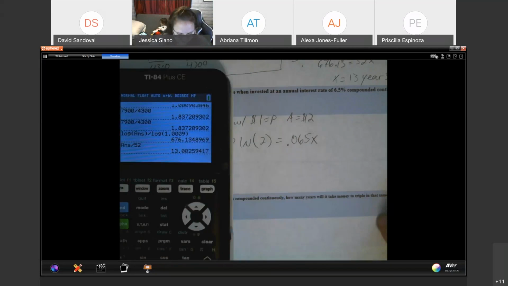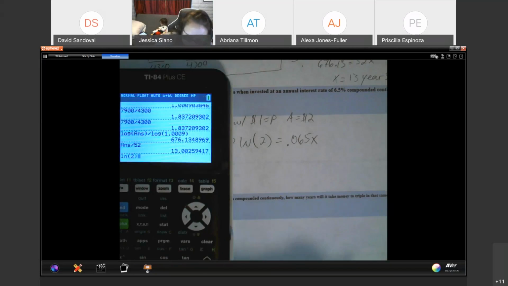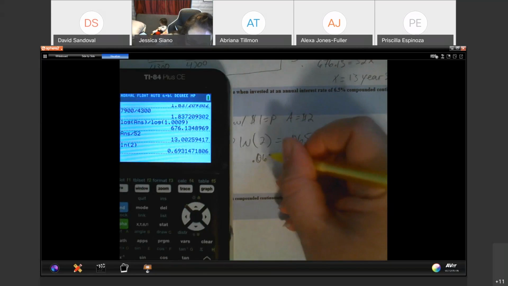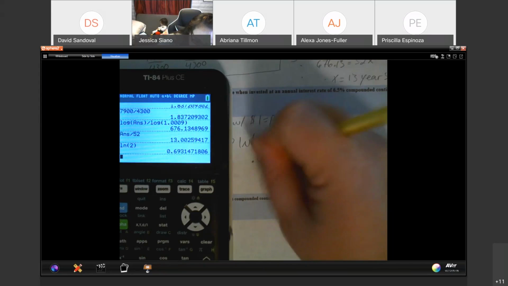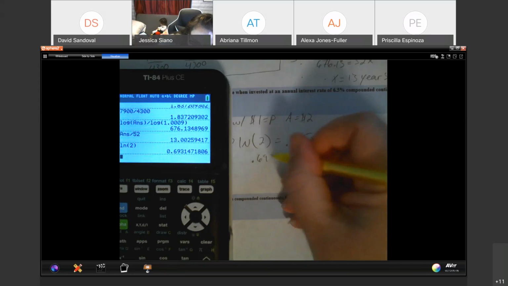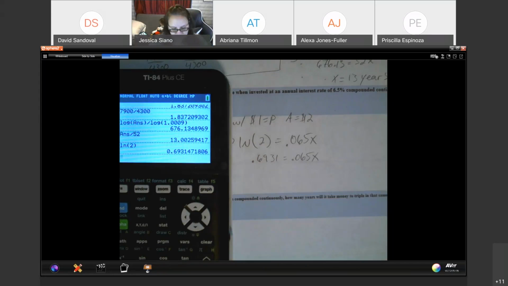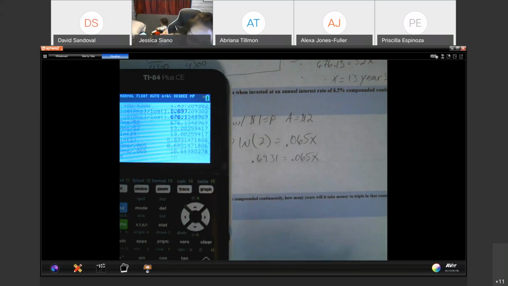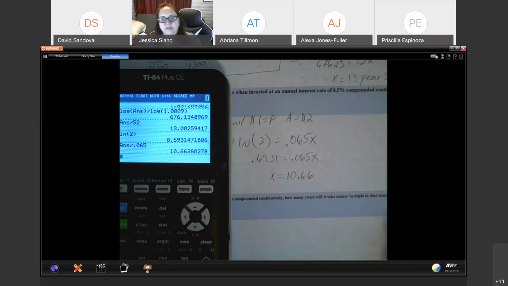So then the ln of 2, my calculator turned off right then, is 0.6931. And then we're going to divide that by 0.065. So it would take 10.66 years.